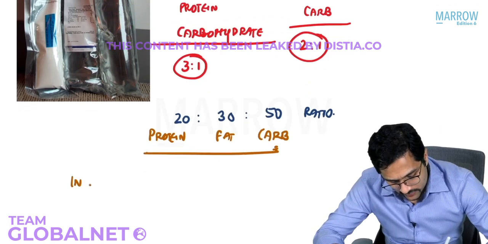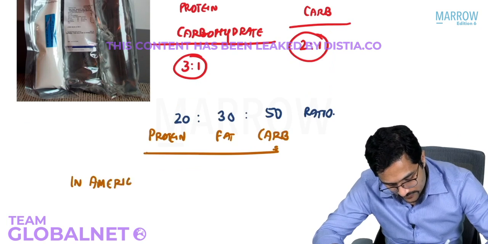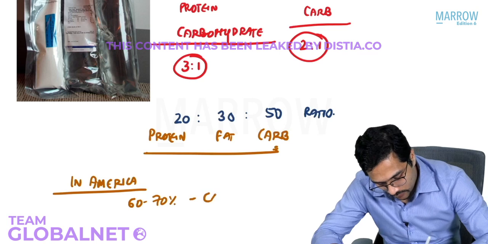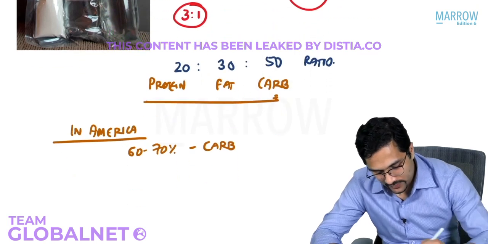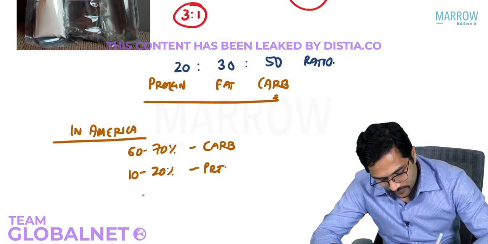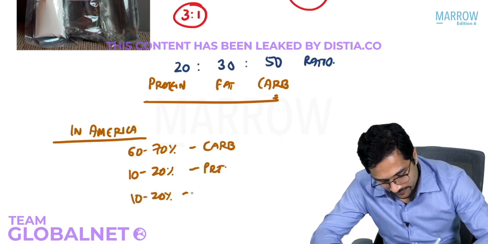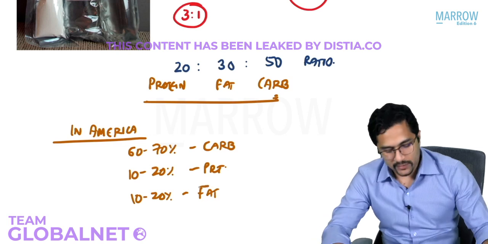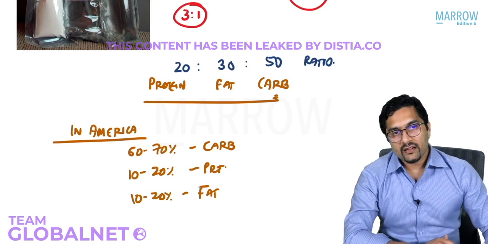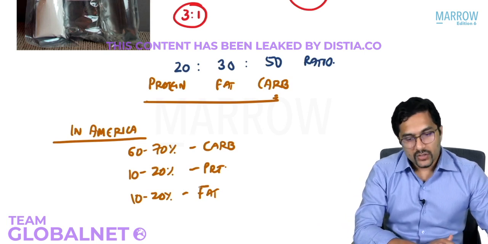In America, there are certain solutions where almost 60 to 70% can be carbohydrate, 10 to 20% is protein, and 10 to 20% is fat. So these solutions can have various compositions when we are giving total parenteral nutrition.